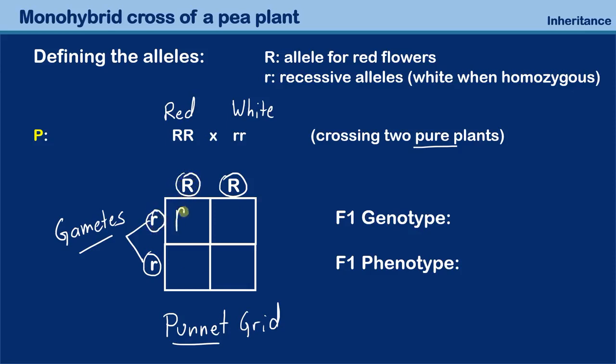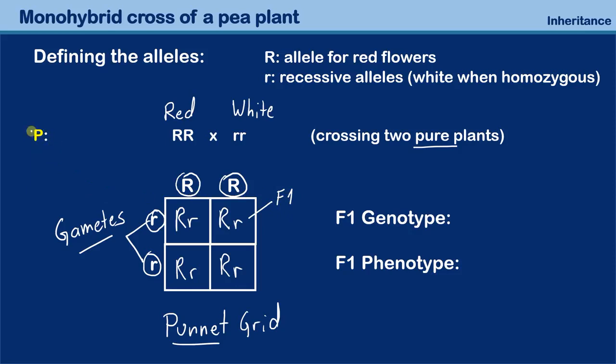You can now try all combinations, and if this gamete over here is fertilized by this gamete over here, we have a capital R, lowercase r, it's a heterozygous plant. Over here, the same thing, over here as well, and over here as well. So all of the offspring, and these offspring are referred to as the F1 generation. The F stands for filial.